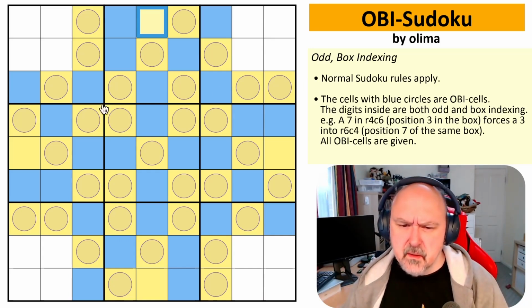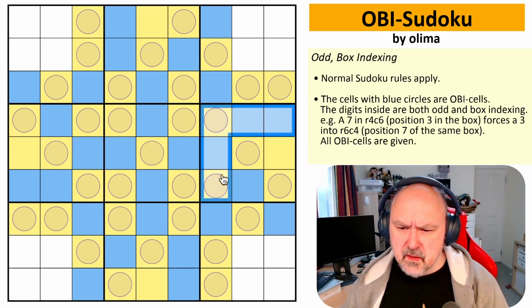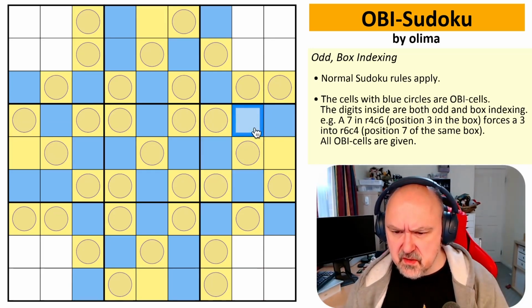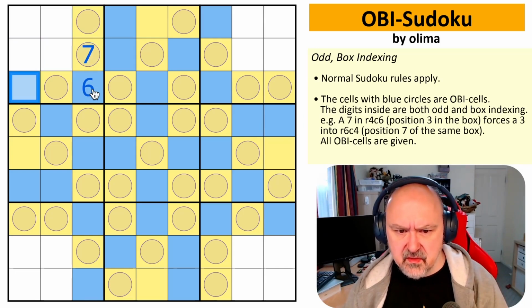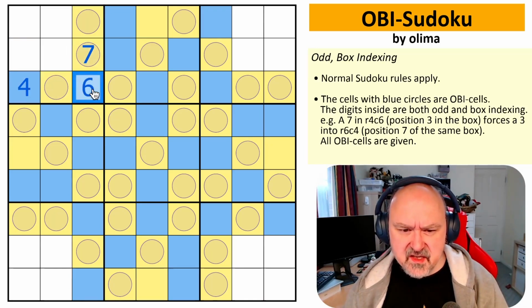Because if this was... So let's use this box as an example. If this was a 6, this could be a 7, and this could be a 4, because that's allowed to box index because it's only all odd box indexing cells are given.